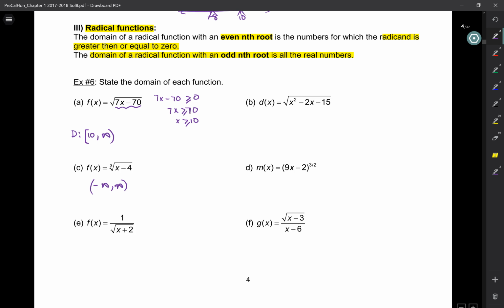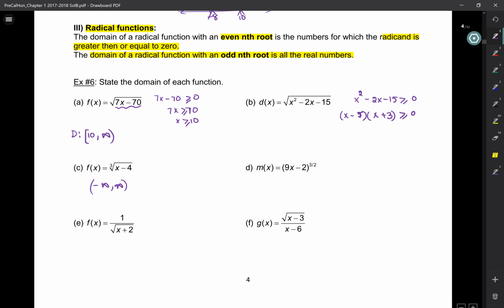Okay, let's go to B. You want x squared minus 2x minus 15 to be greater than or equal to 0. Remember from algebra 2, we factor this. What do I get when I factor? x minus 5, x plus 3, greater than or equal to 0.